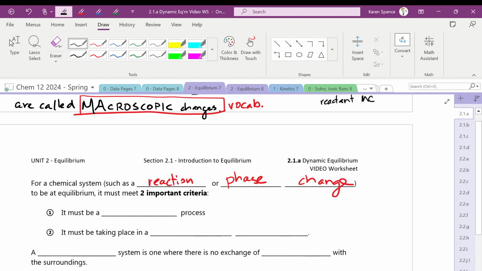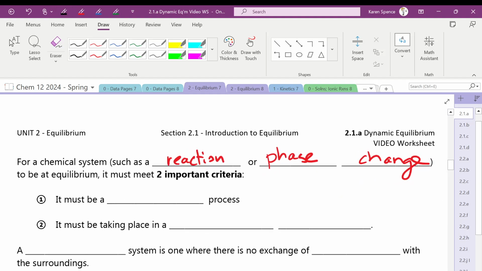What type of process does it have to be? Reversible.